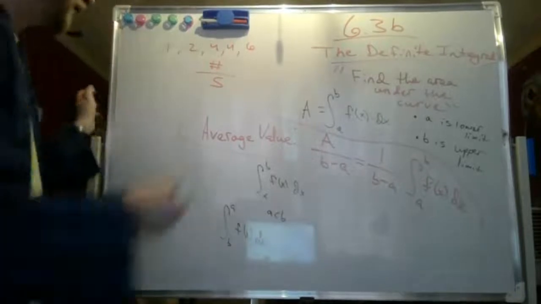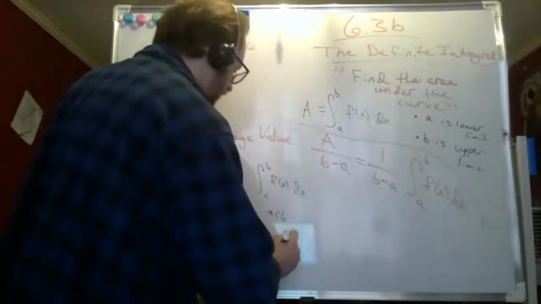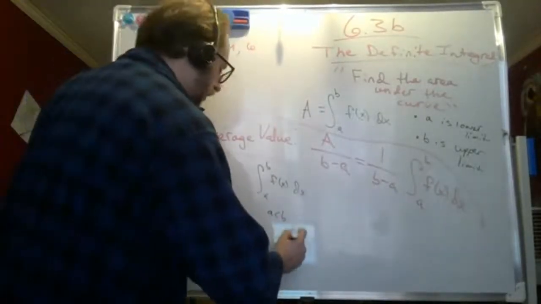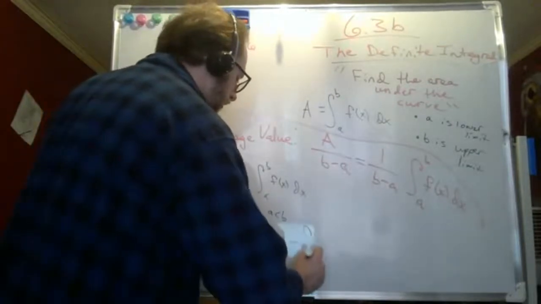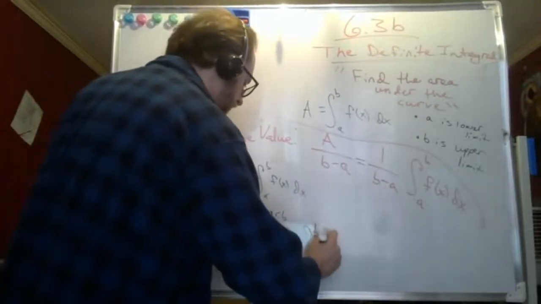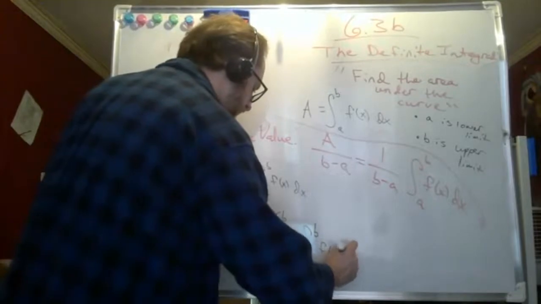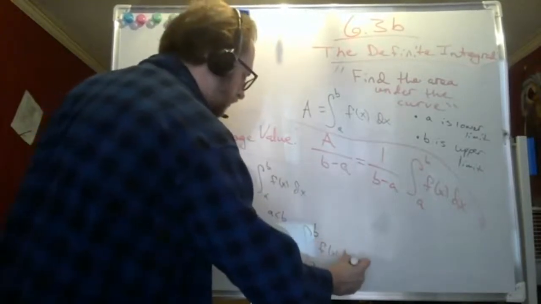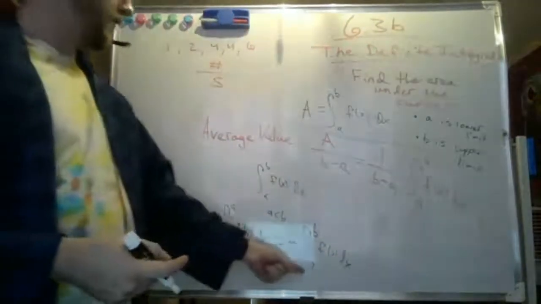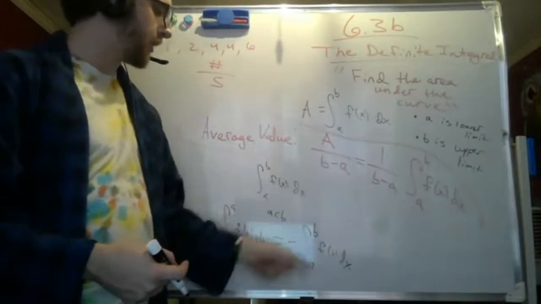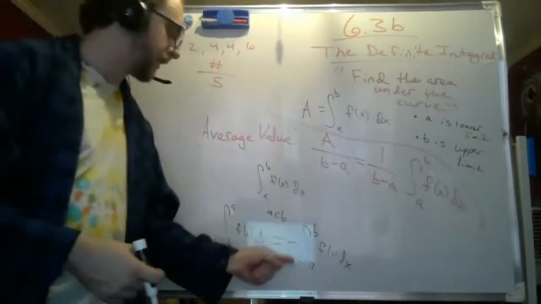So what you can do to fix this is make it equal to the integral where we have a negative sign, but then you flip the bounds. And now we have it back the way we like with the smaller number being on the bottom, only you have a negative.